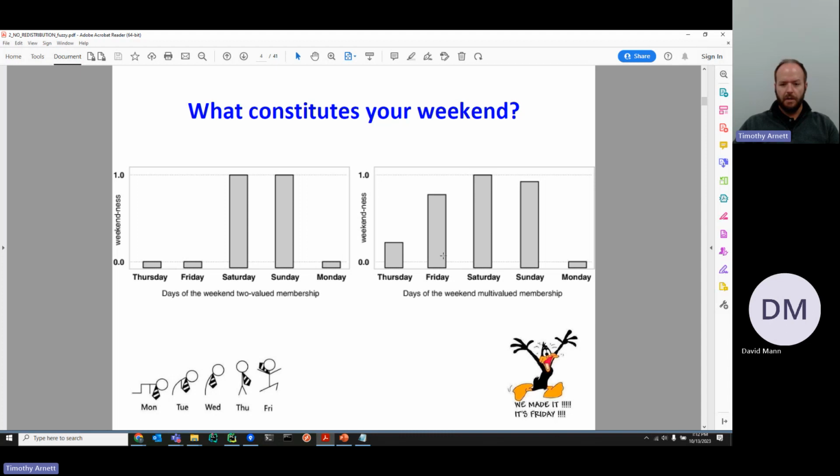So if we allow for values in between 0 and 1, we can get a much more representative distribution of membership in the weekendness set. This side represents a more fuzzy approach, where we say Thursday even has a little bit of weekendness associated with it because there are a lot of evening events that tend to get put on Thursday evenings.